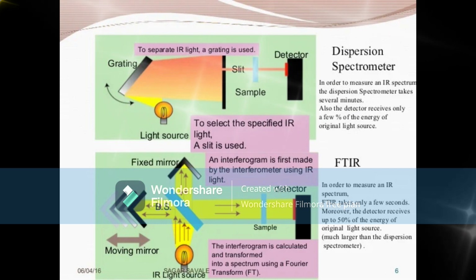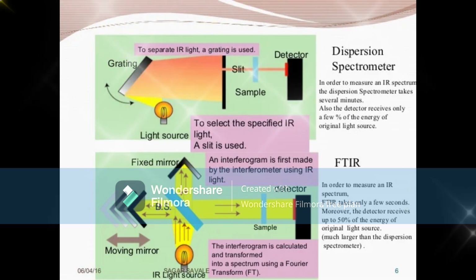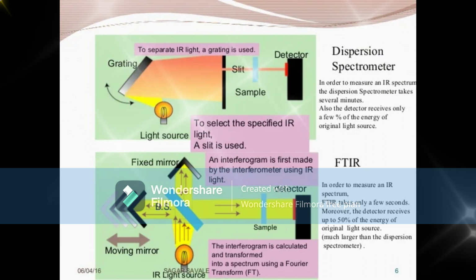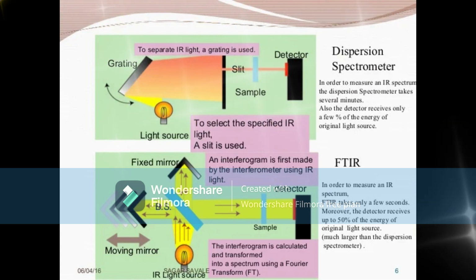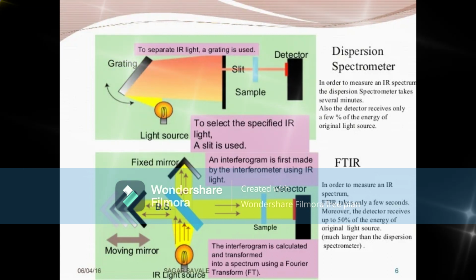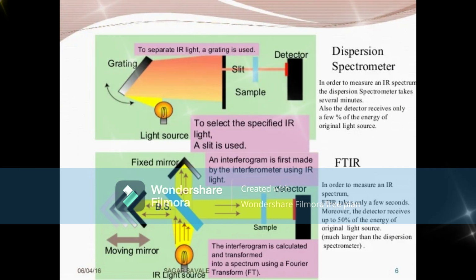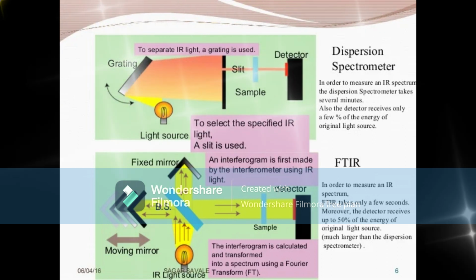In contrast, with FTIR, in order to measure an IR spectrum, it takes only a few seconds. Moreover, the detector receives up to 50 percent of the energy of the original light source, much larger than the dispersive spectrometer.